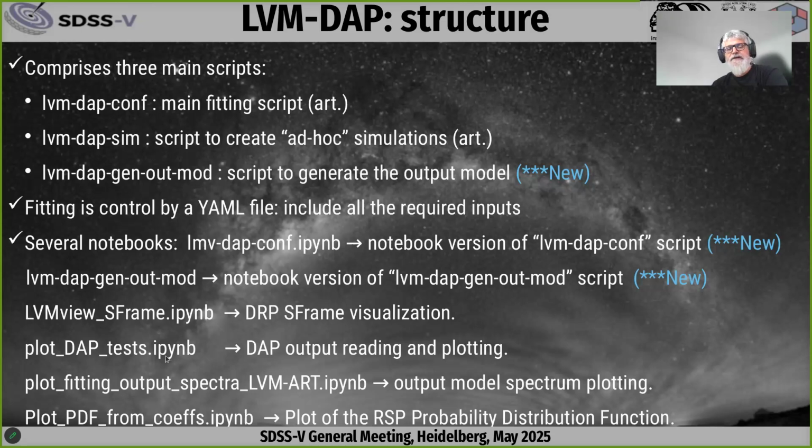This very long name, plot fitting output spectra, is a self-explanatory name that facilitates the visualization of the fitting. And finally, there is a tool for plotting the probability distribution functions generated by the analysis with the RCPs. We need to remind you that, so far, the main weight in the local volume mapper is in the emission lines, but we provide these tools because we hope that we can also make analyses of stellar populations with this data.